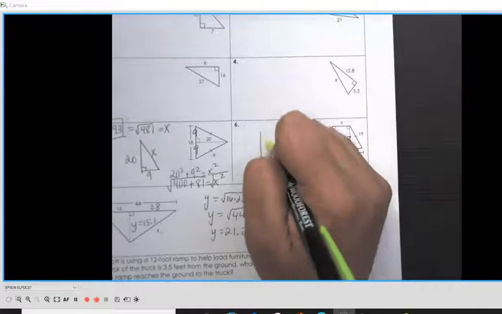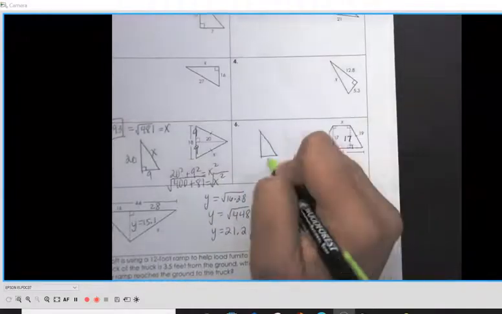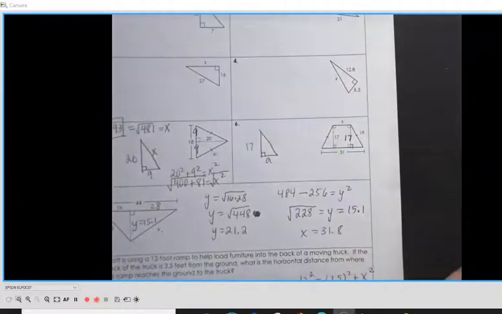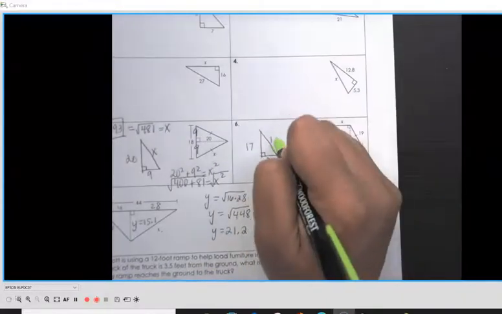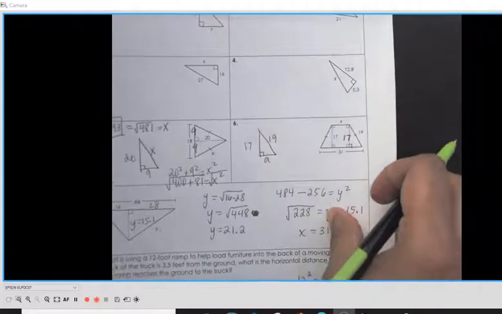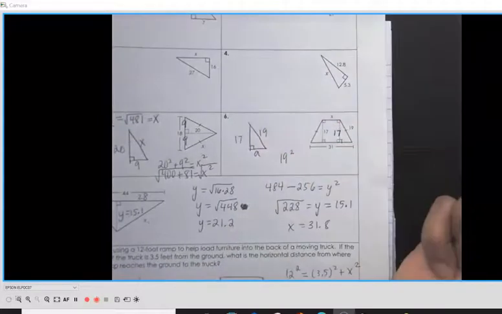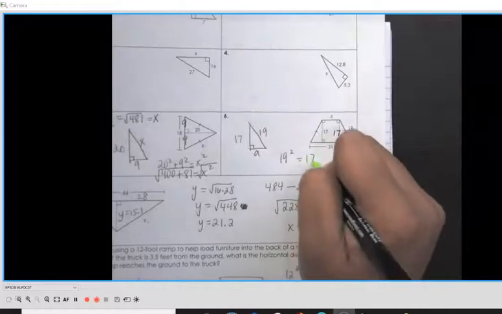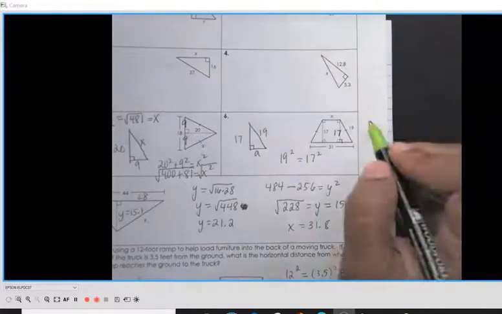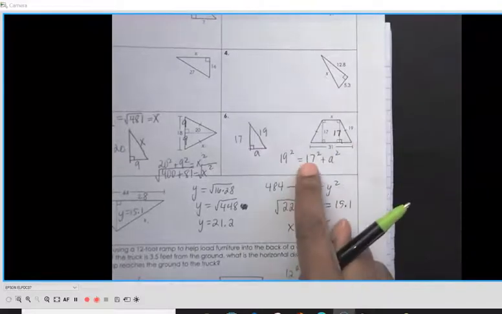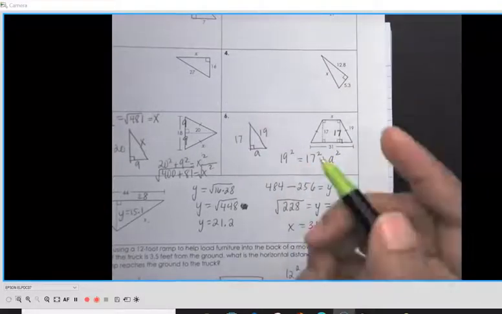So if I recreate just the right triangle on this trapezoid, I have 17, I don't know what this leg a is, and then the hypotenuse is 19. So for this one, I'm going to do 19 squared, which is c squared, equals 17 squared. Let's call that b squared, and then again, I don't know what a is. So again, that's your c squared, b squared, plus a squared.